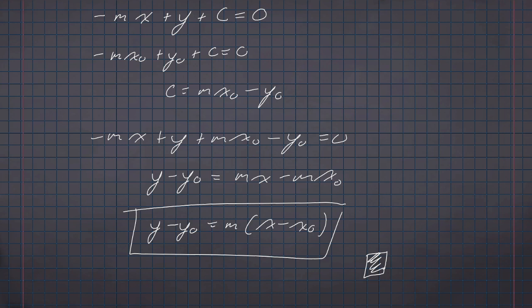That, first of all, verifies that the line exists because we know what y0, m, and x0 are based on the given information. And second of all, ensures that the line is unique because I made no assumptions about the line. I just said we had a line and this fell out.